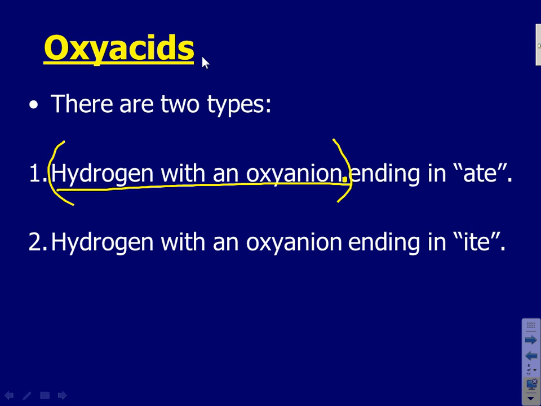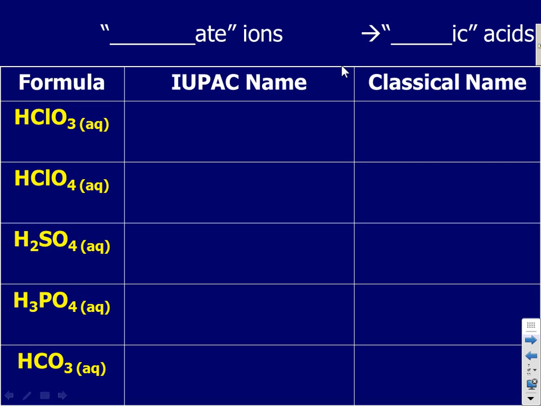We're putting hydrogen with the oxyanions, which are the things that end in ate or ite. And we're going to deal with them in the next slide. So just write down oxyacids, and that it's hydrogen with an oxyanion. And then we'll go to our next slide, and we will call this the ate anions. So you don't need to write anything extra.